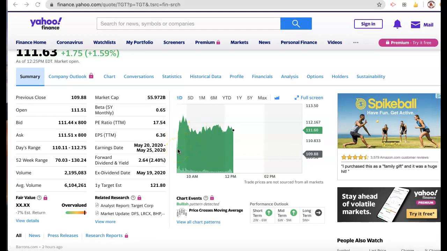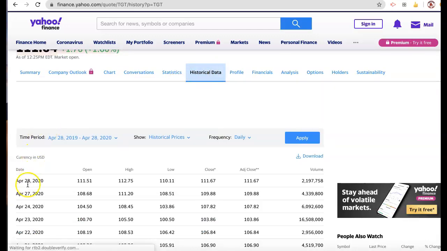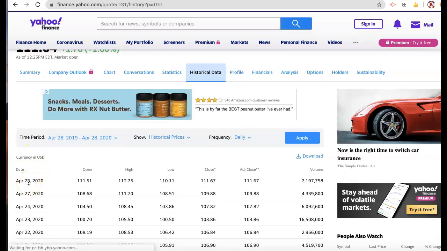Now it's really hard to read that, even if you're on this little scroll bar here. So here's a big key. If you can go to historical data, click on that. Today is April 28th when I'm recording this. We already know the open was 111.51.